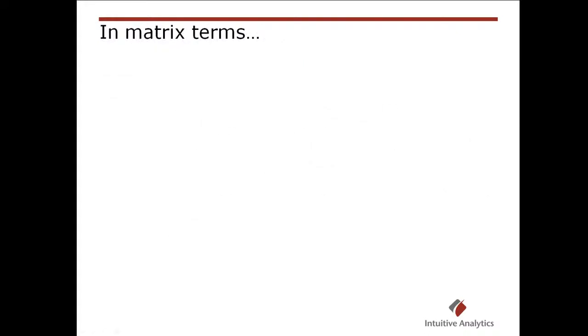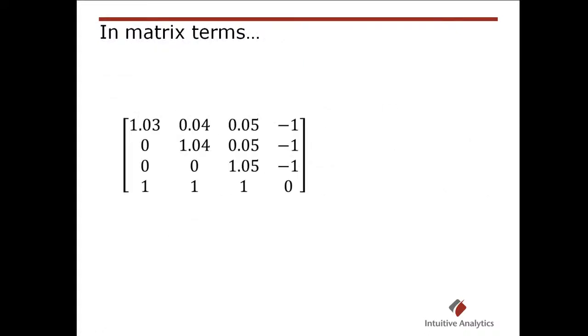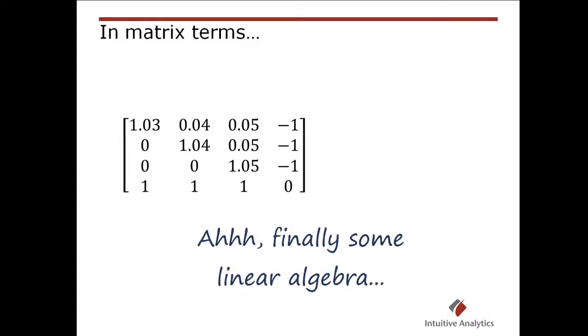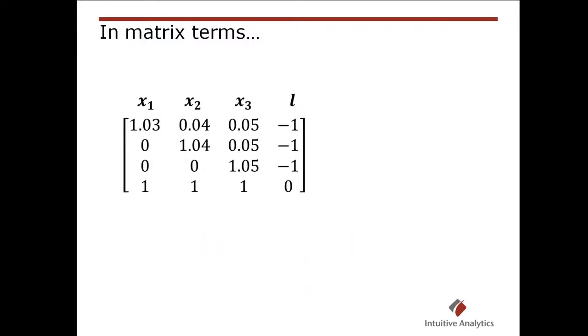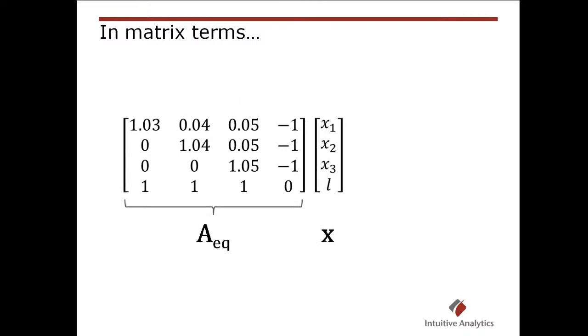All right, so now that we've got a conceptual understanding of what the linear program is in terms of equations, let's put that in matrix form. So the left-hand side of the equations that we saw before, we can put into this matrix where each column represents the coefficients of the variables that we saw before. So in terms of the matrix notation we saw earlier, we have our AEQ matrix, and that's multiplied times our x vector.